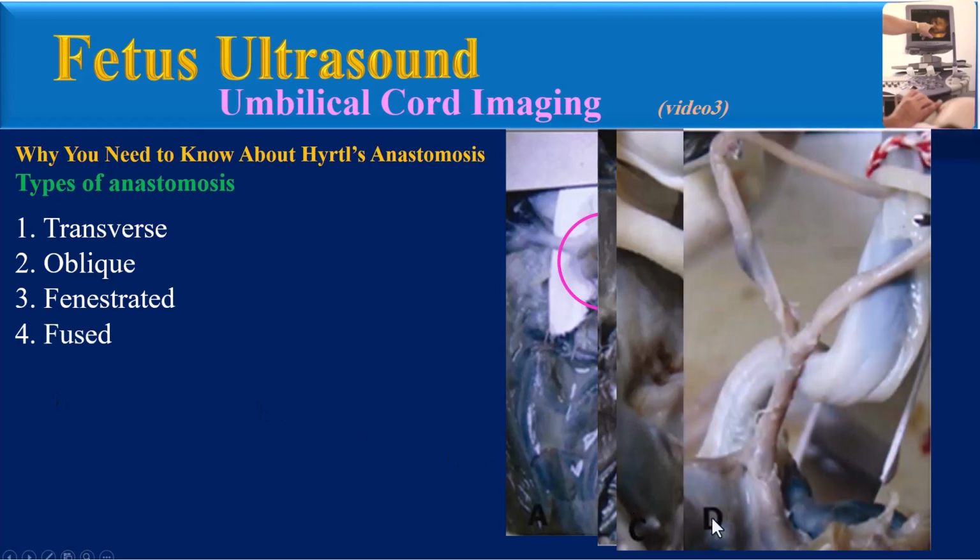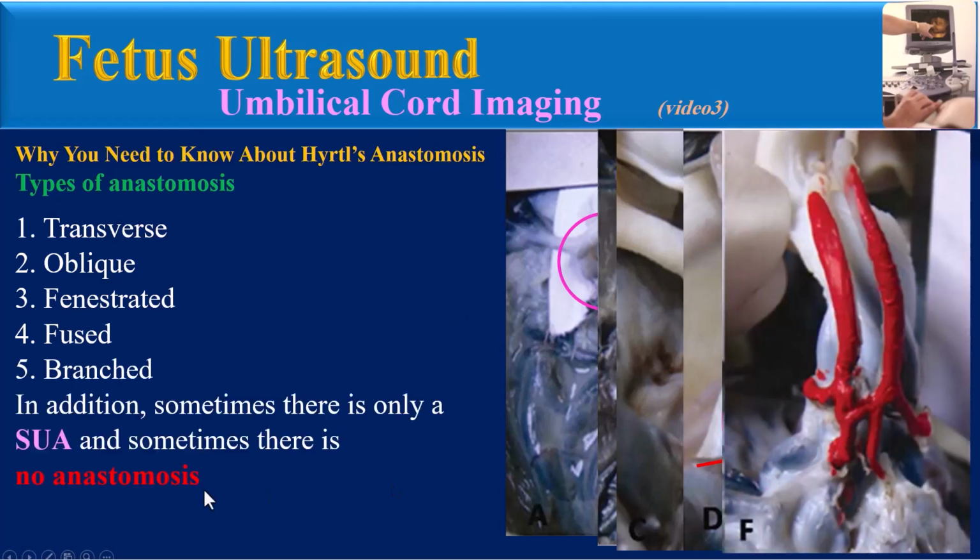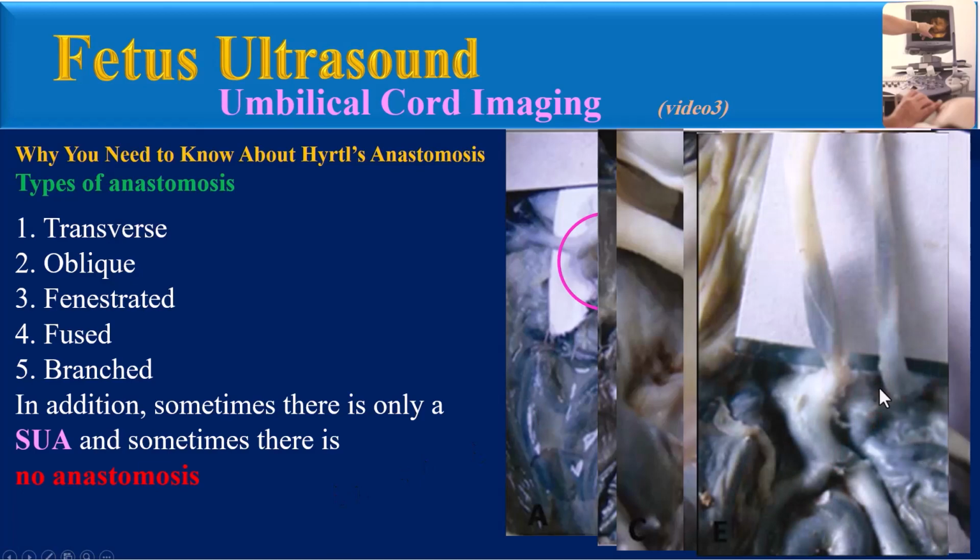In fused type of Hyrtl anastomosis, we can see two separate umbilical arteries at placental insertion, a fused portion, and also two separate umbilical arteries again. Another type is branched. Sometimes the anastomosis may show a branched shape. In addition, sometimes there is only a single umbilical artery and sometimes there is no anastomosis between two umbilical arteries.